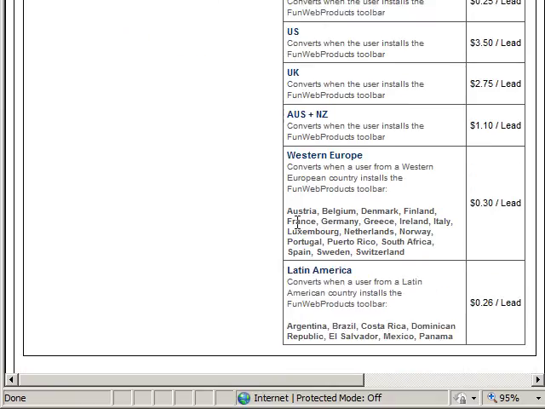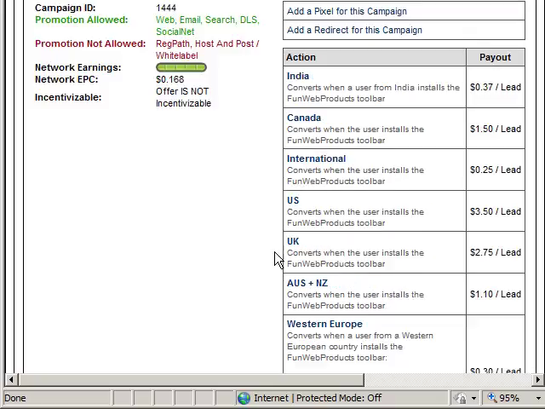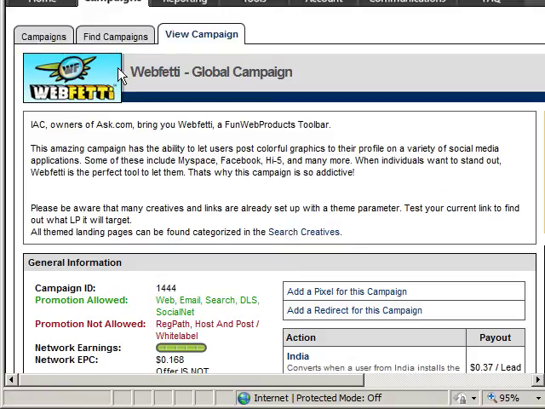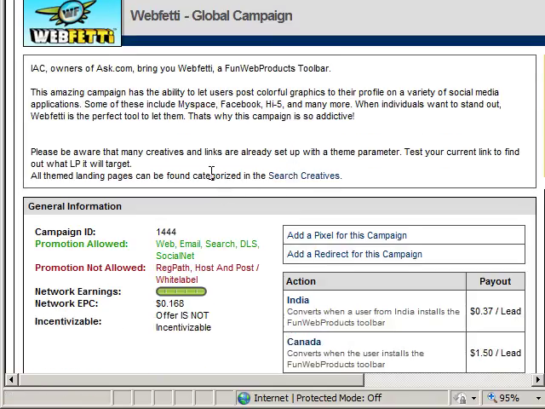Because let's say that you're doing SEO and you're only getting 26 per lead for every 1,000 people that come, then it's not worth it. You really have to measure it out. So that's why I look at everything before you actually promote it, and then you can get your creatives. Creatives are banners and things like that you can use, links to promote your CPA offer.